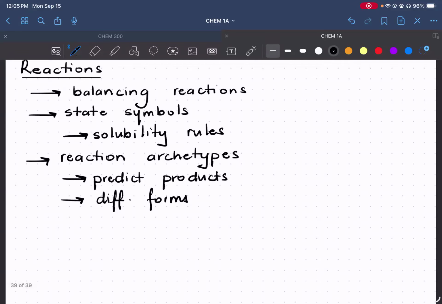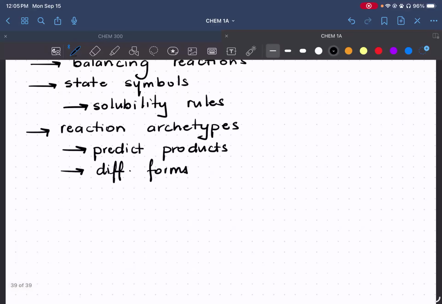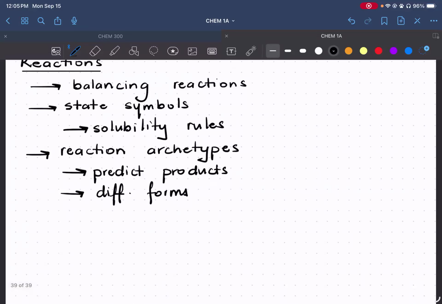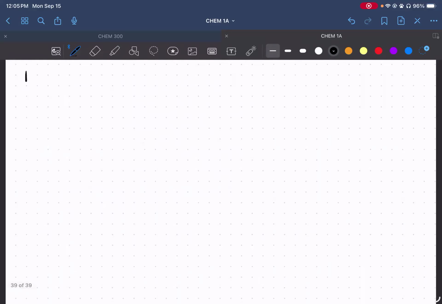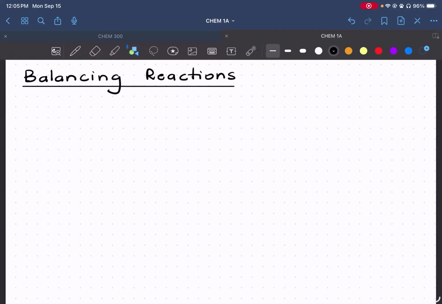So one of the first things I want to talk about is a reaction, specifically balancing chemical reactions. Now, in theory, we all understand the basic idea of a chemical reaction. If you've ever cooked or baked, then you understand the idea of mixing things together in a specific amount, right?